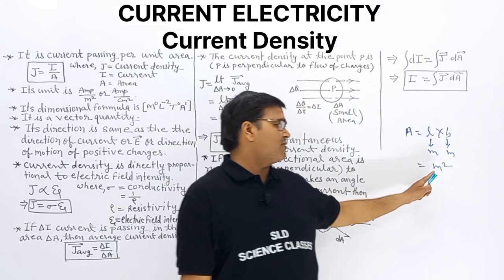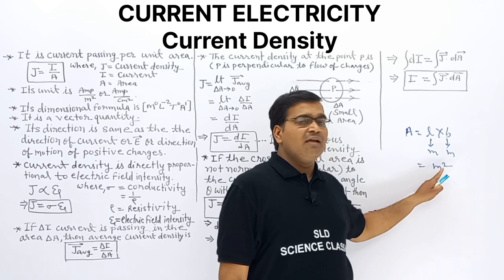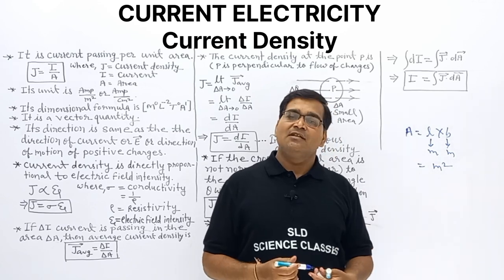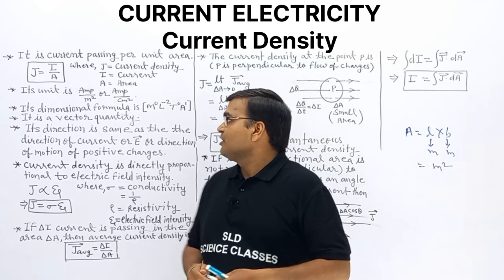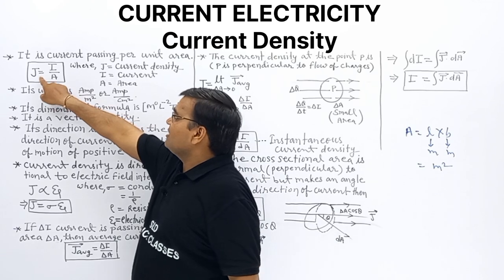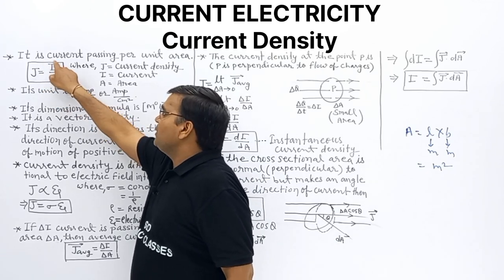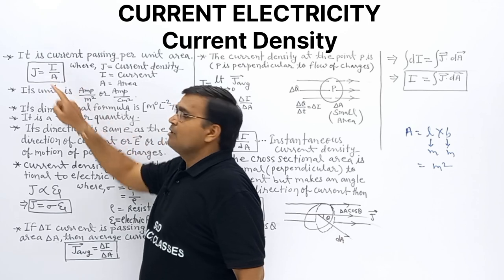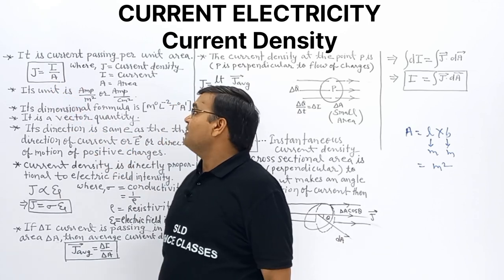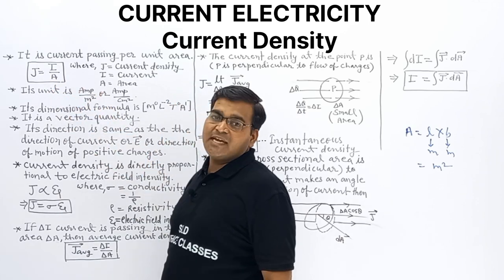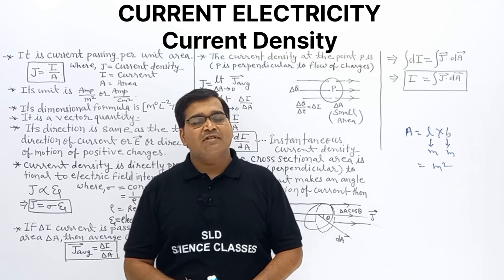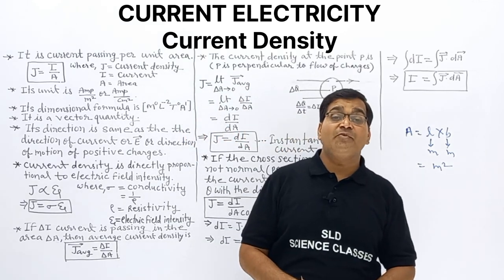In MKS we have meter square, and in CGS we have centimeter square. So current density is current passing per unit area, and its unit is ampere per meter square.